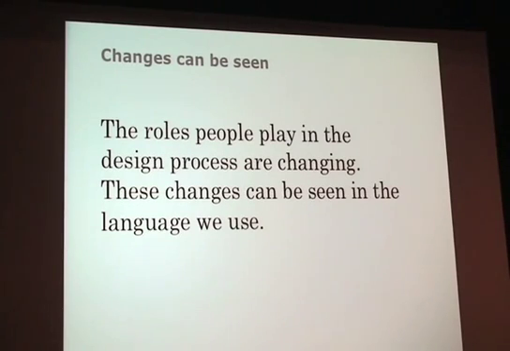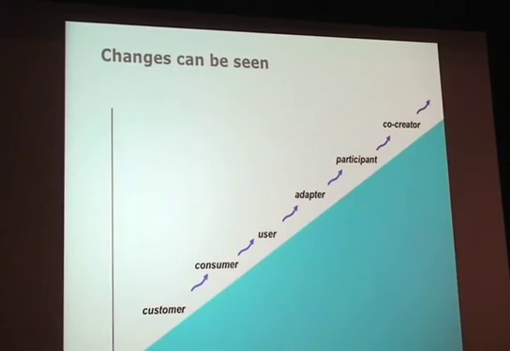Having been doing this for over 25 years now, one of the changes I've noted is that the roles people play in the design process are changing, and we see that when we look at the language that we use to describe those people that we serve through design. In the early 80s, it was just customers and consumers.